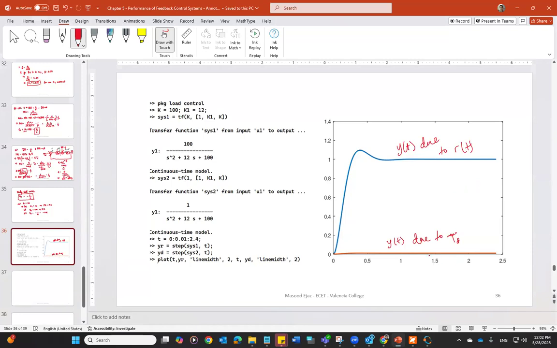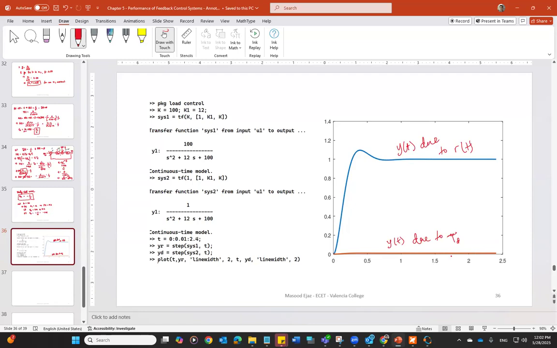And for the step command, of course, this is quite smooth. And of course, you can see that y(t) is a little bigger. The input is 0, R(s) is 0.